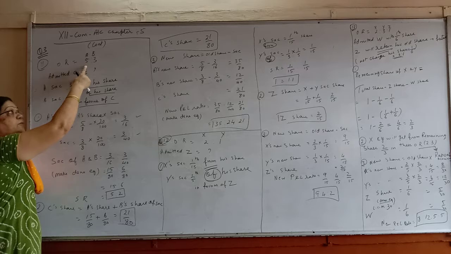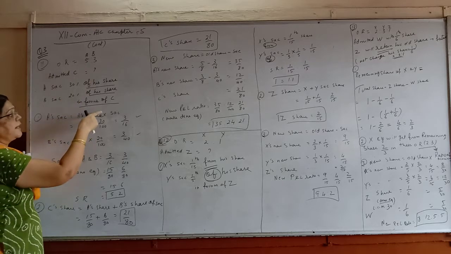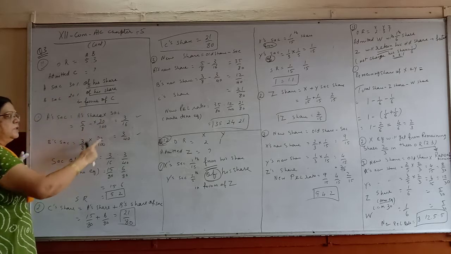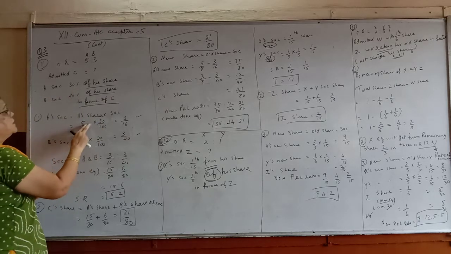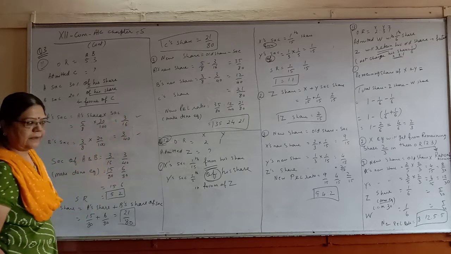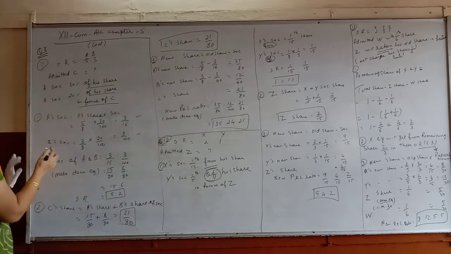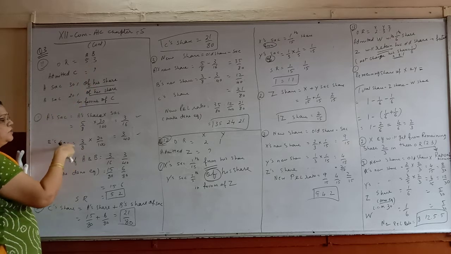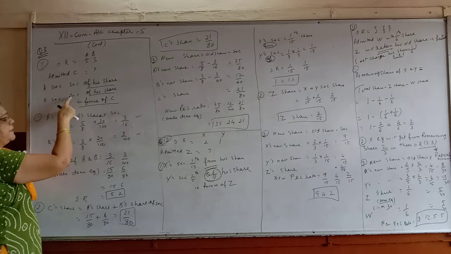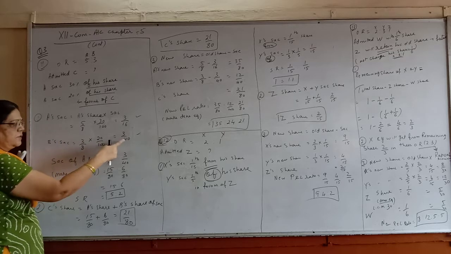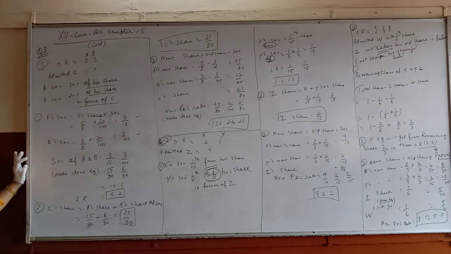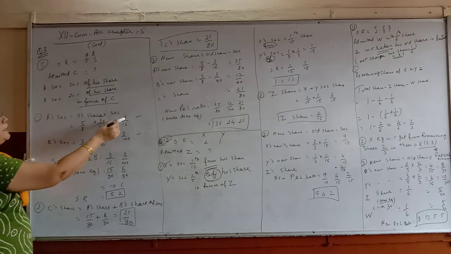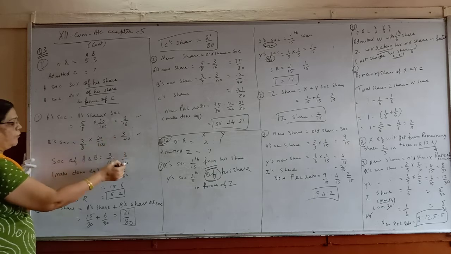A's share is 5 upon 8, and his sacrifice is 30%. 30% means 30 upon 100. So his sacrifice will be 3 upon 60. In the same way, B's old share is 3 upon 8, multiplied by 20%, which is 20 upon 100. So his sacrifice is 3 upon 40.